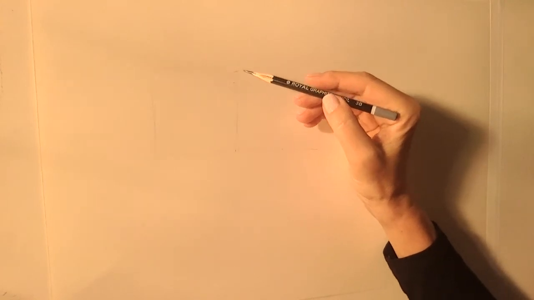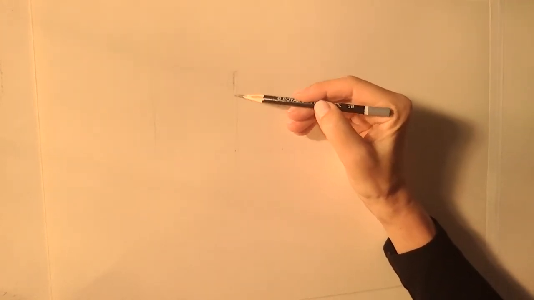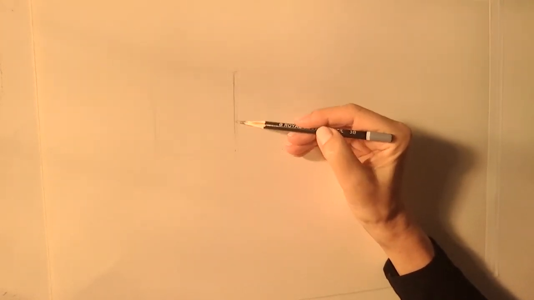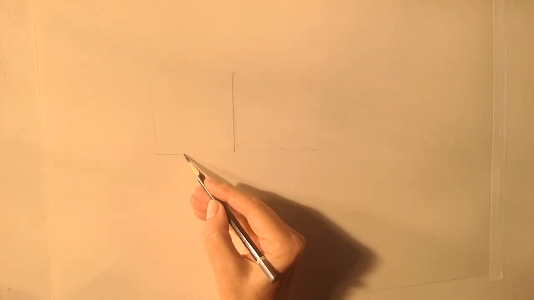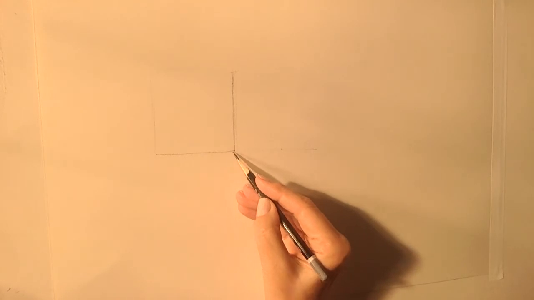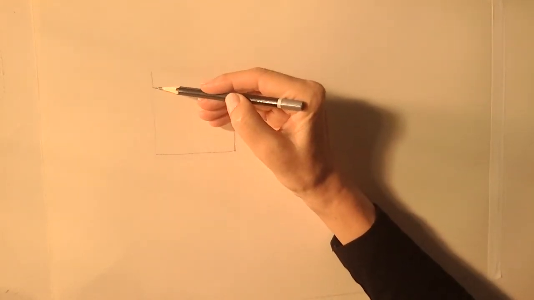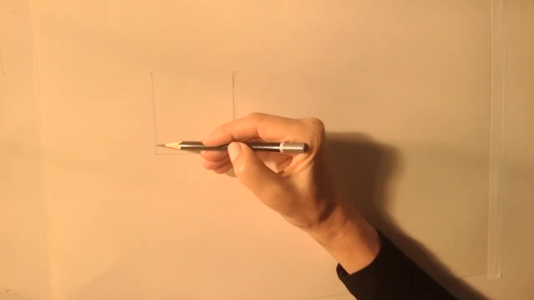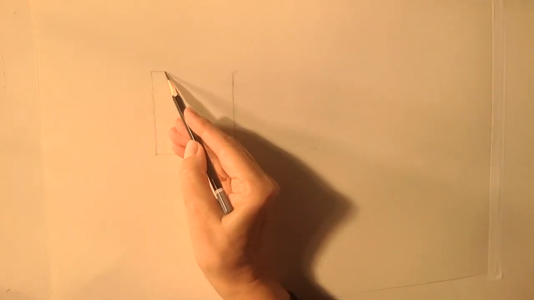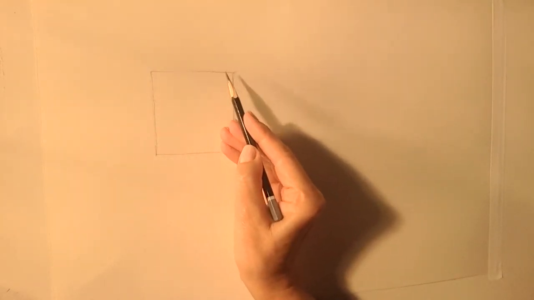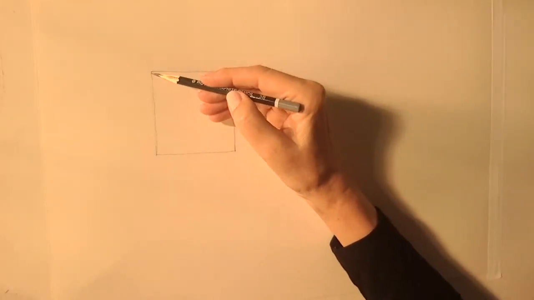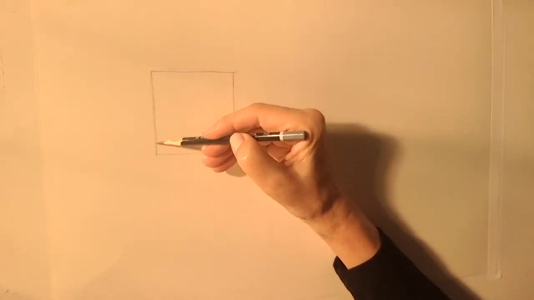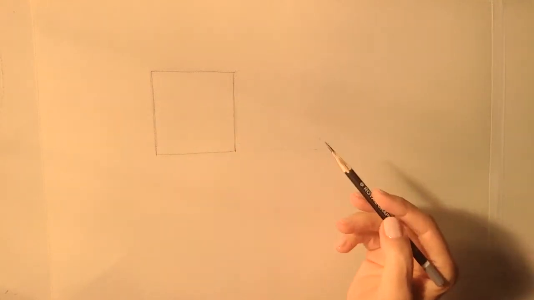So we have mastered somewhat the perspective of rectangular objects, squares, boxes. And let's imagine that we are dealing here with a square. It can be something like a tile, for instance, in the middle of which there is a circle.